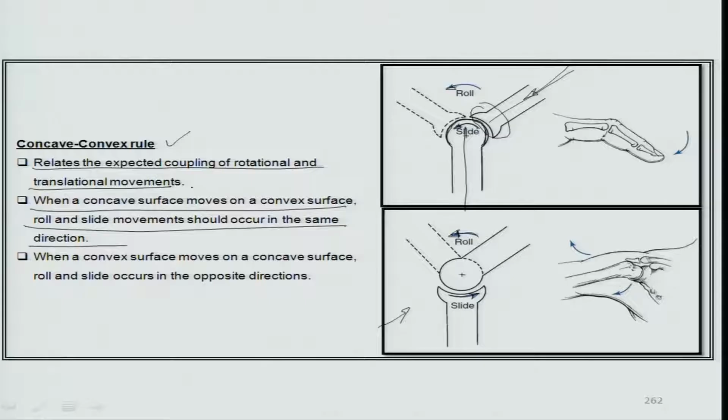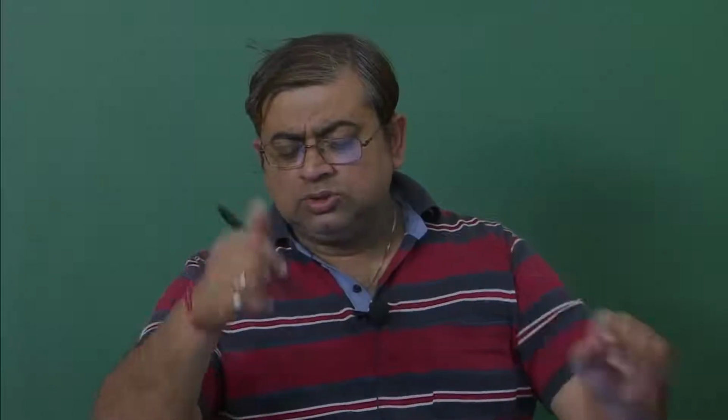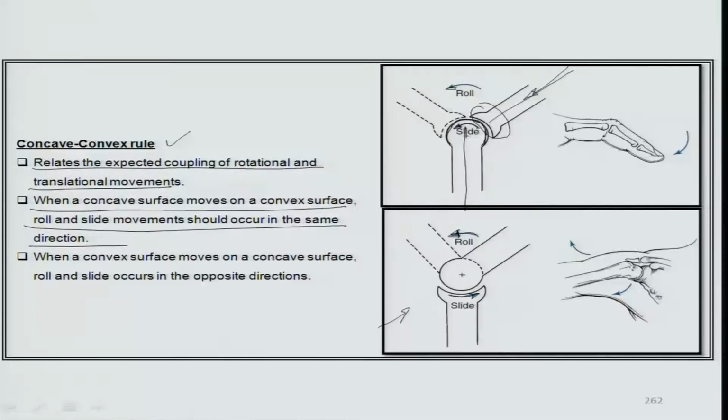If we are talking about a finger joint, for example, obviously as one can see here, there is a convexity going over a concave portion, and as we bend the finger downwards, it shows that both the rolling and the sliding motions are in the same direction.